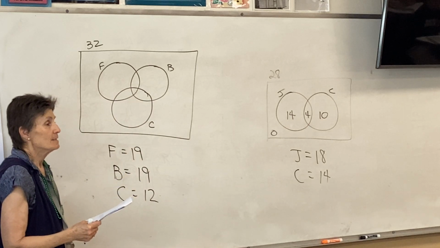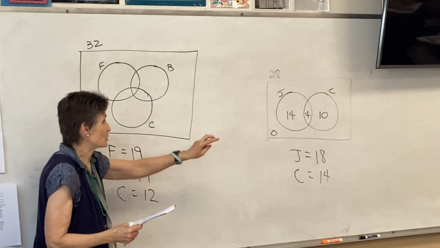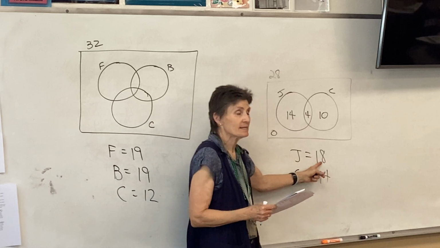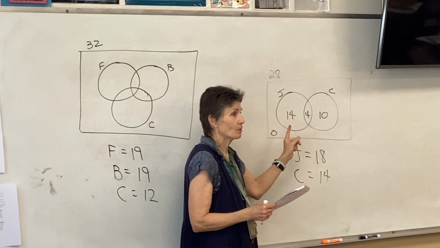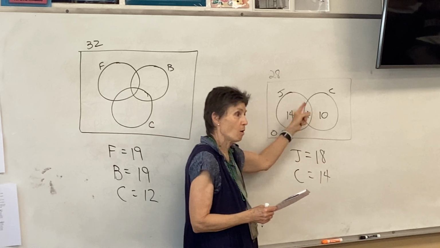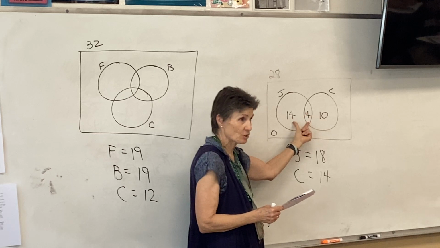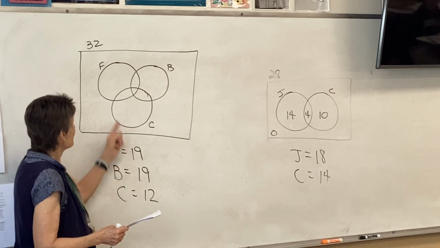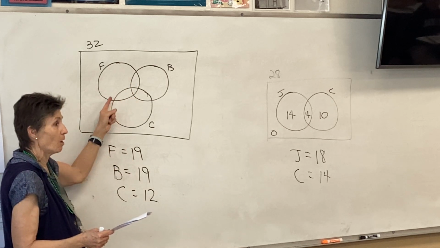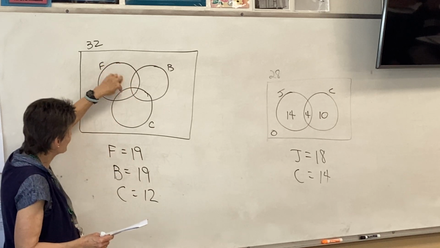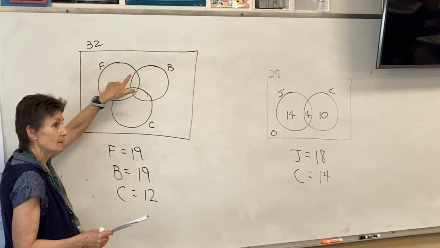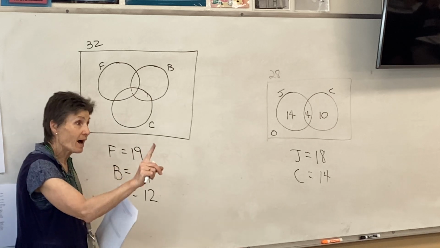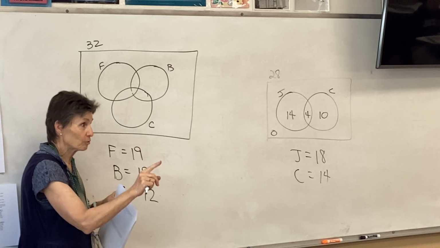Now, please note that just like the last problem we did, when they say jazz is 18, I didn't put 18 in my picture, because jazz is the whole ball, and it's divided into 2 sections, right? So, similarly, there may be 19 people in the F ball, but they're divided up in these 4 pieces, so none of those numbers go into your circles. 5 like all 3.